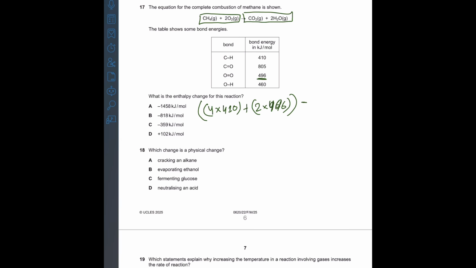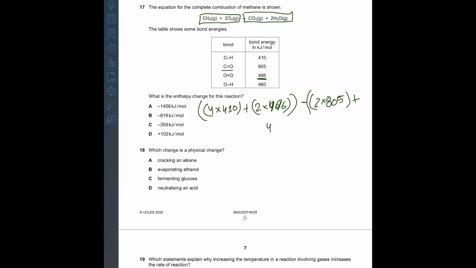We got 2 bonds for carbon oxygen double bond, so 2 times this 805, and this we add to our water. So there are 2 molecules of water and in each molecule there are 2 bonds of OH, so total 4 bonds.